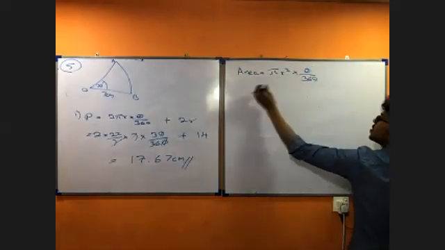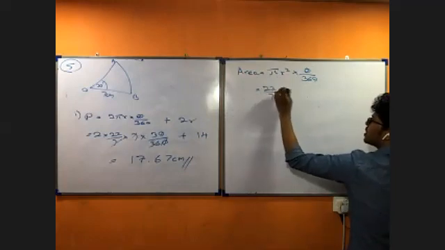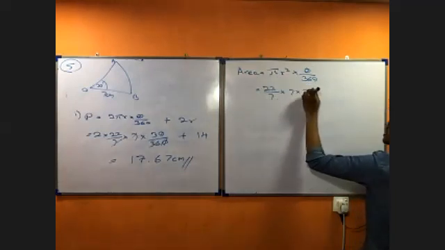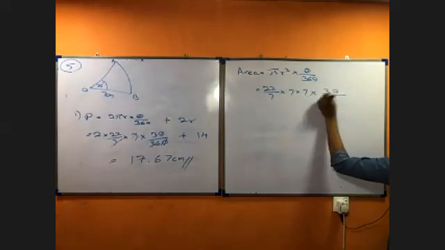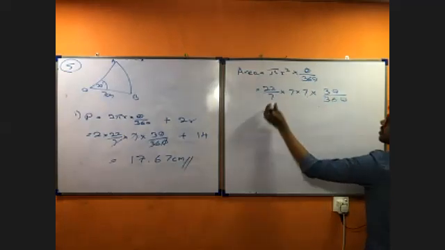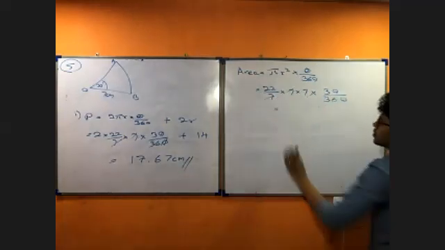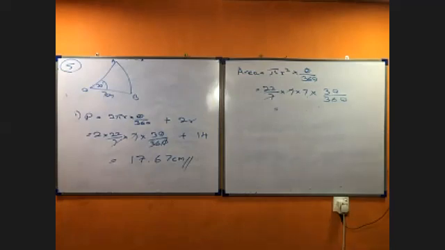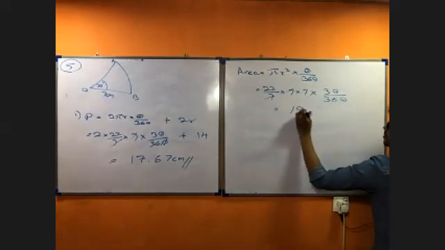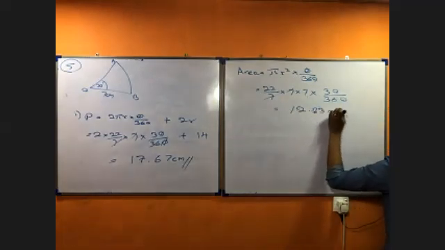So that is going to give me 22 over 7 multiplied by 7 multiplied by 7 multiplied by 30 divided by 360. So that is also going to give me how much? 12.83. This is going to give you 12.83 centimeter square.